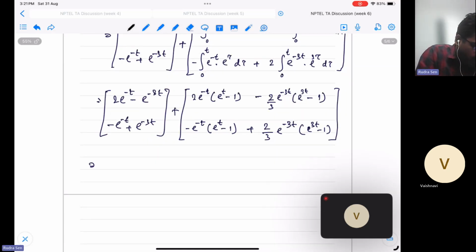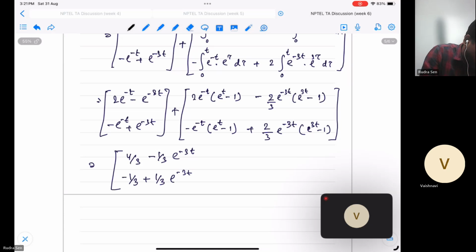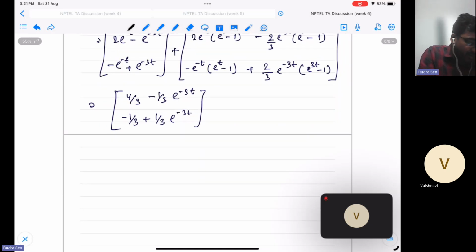Right. So finally, what you get, if you add and subtract these two vectors, you will get e to the power minus 3t plus 1/3 e to the power minus 3t. So this is basically your x(t), and now the question asked is the system response.